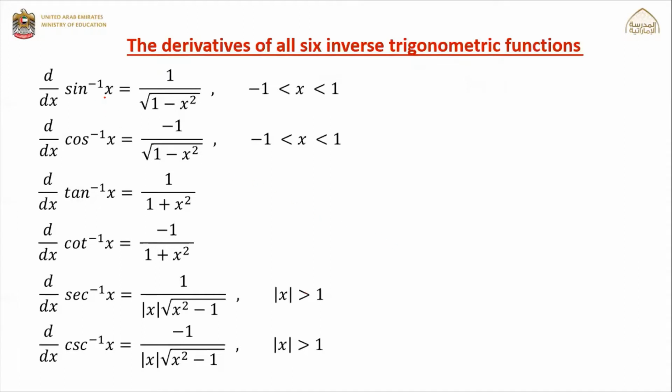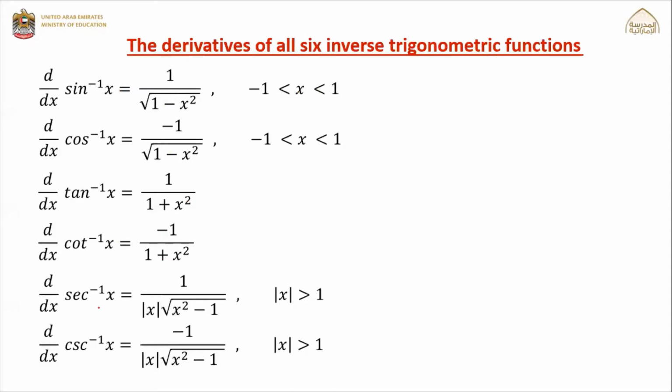Derivative of sine inverse x, it's 1 over radical 1 minus x squared, with x between -1 and 1, because we know before the domain of sine inverse x, which is x between -1 and 1. Derivative of cosine inverse x, -1 over radical 1 minus x squared, with x between -1 and 1. Derivative of tan inverse x is 1 over 1 plus x squared. Derivative of cotan inverse is -1 over 1 plus x squared.